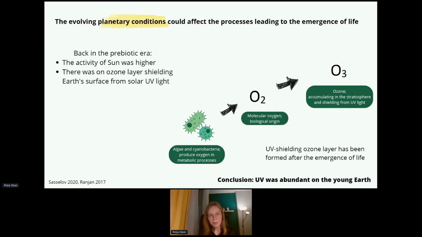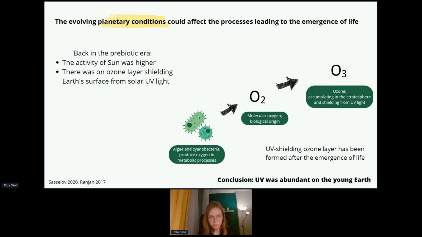So one of such conditions which have been remarkably reshaped since the dawn of life is ultraviolet radiation and its abundance on Earth. And there are two major reasons for that. The first of them is the activity of the sun, which has been concluded to be significantly higher back in the prebiotic era than it is now.